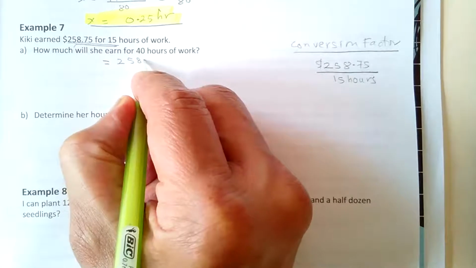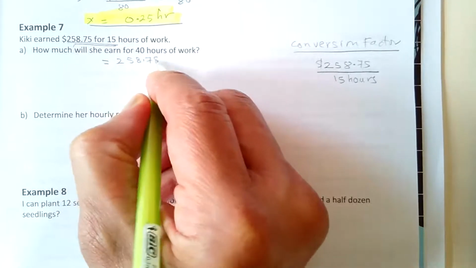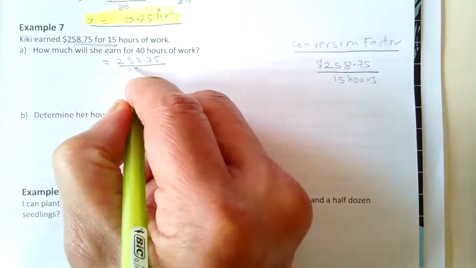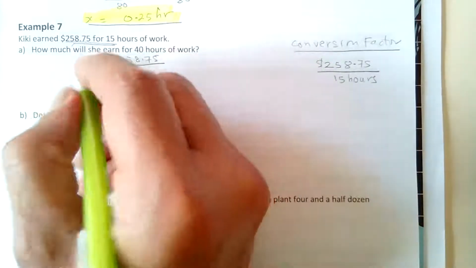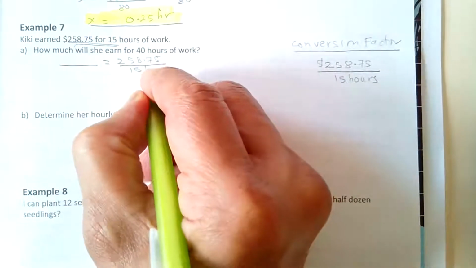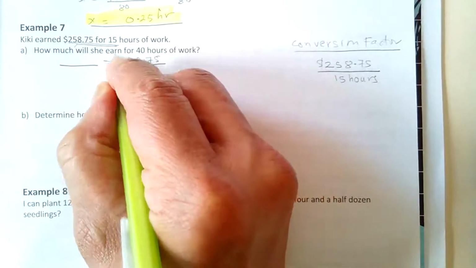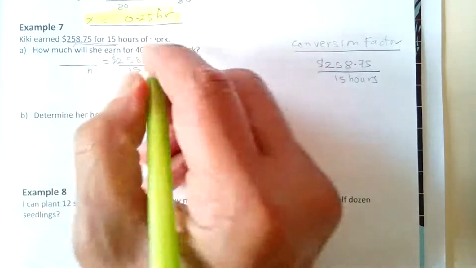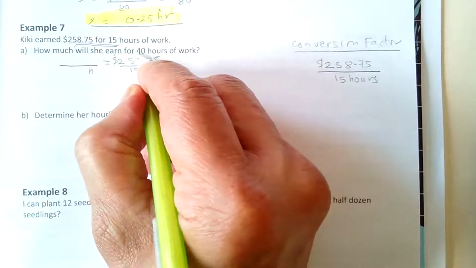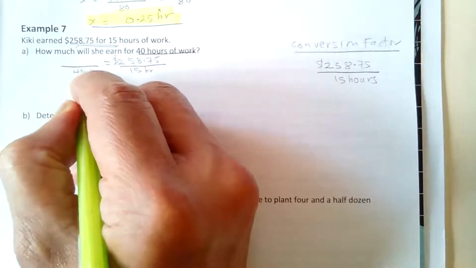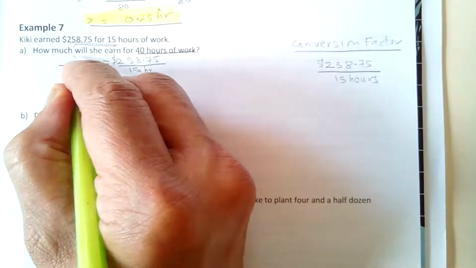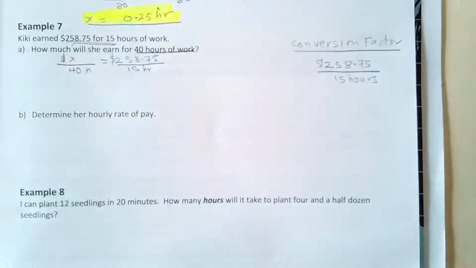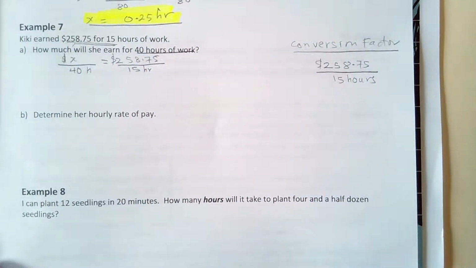And they were given 40 hours of work. We're going to find how much money she will make after 40 hours.